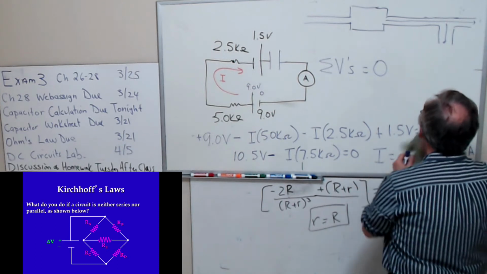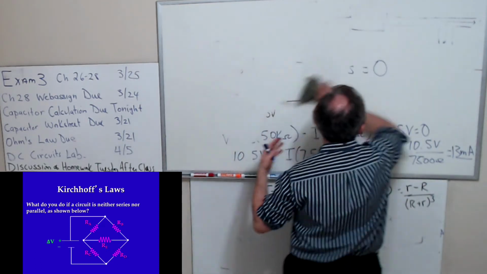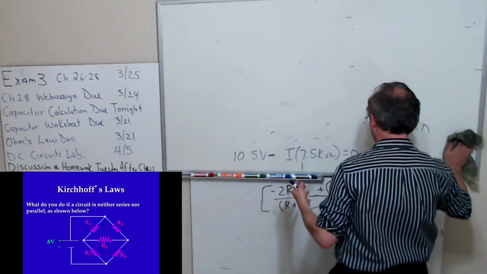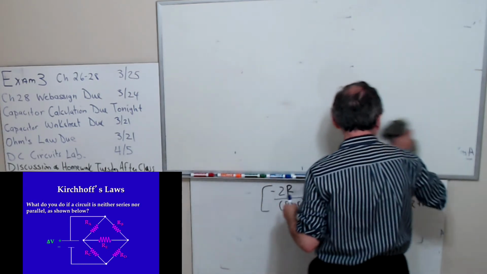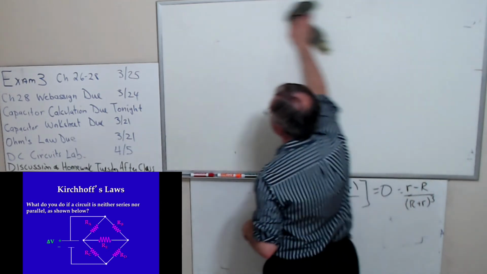So now let's tackle this problem. This problem has really everything that we've covered on circuits except capacitance. We can throw that in when we do RC circuits on Tuesday.